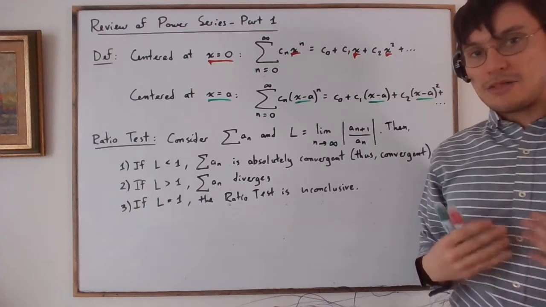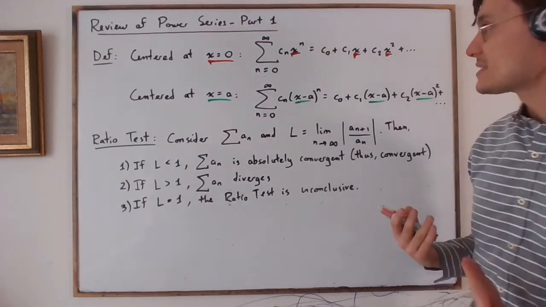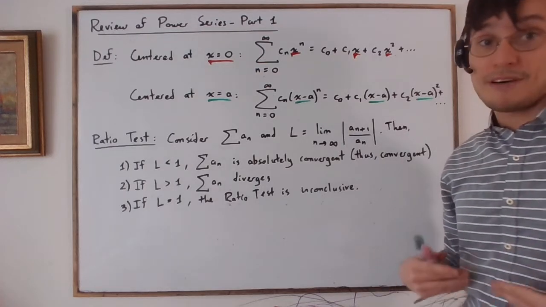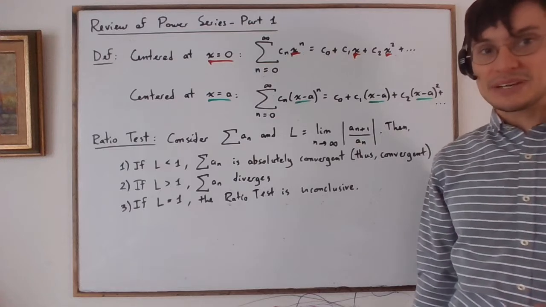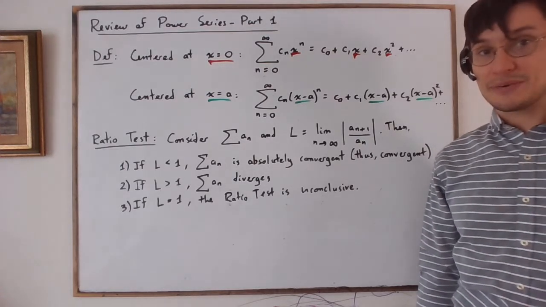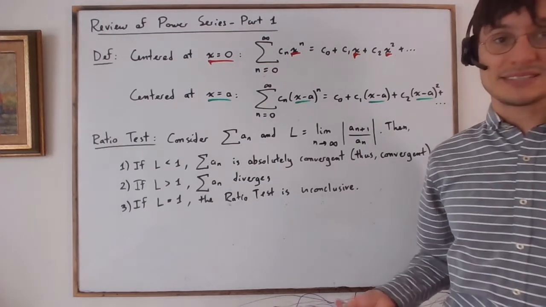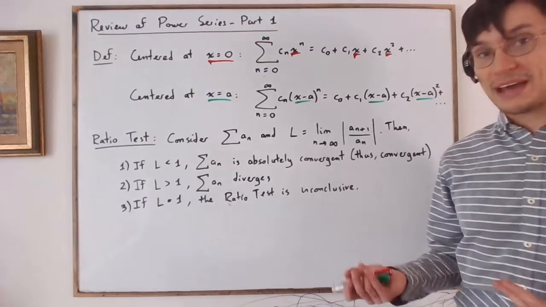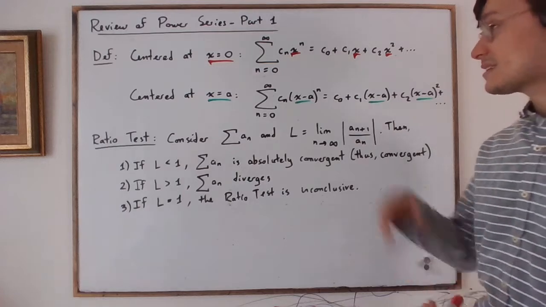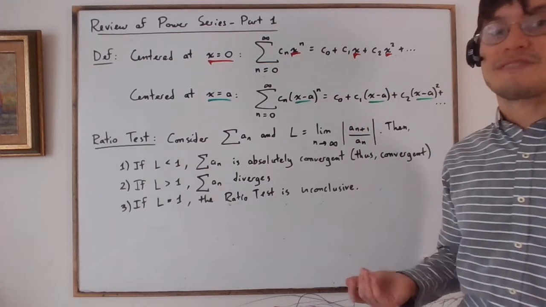Notice that these series have a variable x. Most of the time in Calculus 2, when you saw series, they were numerical series, just sums of numbers that could either converge or diverge. Well, this is still the case here, but it depends on the value of x.